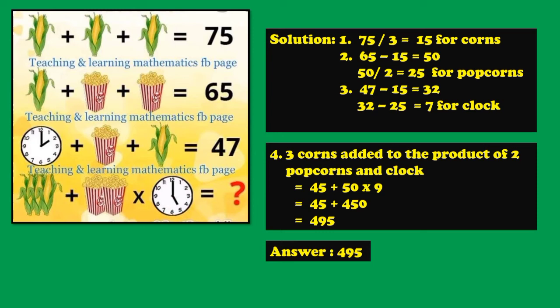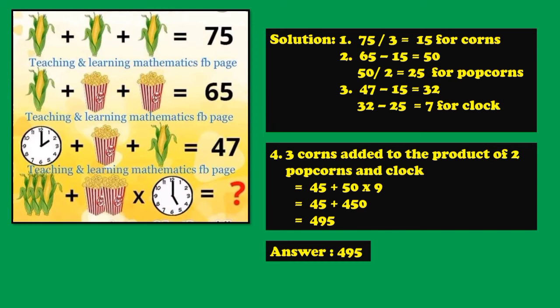Then the 50 is divided by 2 because we have 2 popcorns, so every popcorn is equivalent to 25. And then the next part is 47 minus 15 because the 15 there is a corn, so it has an equivalent value of 32. Then the 32 subtracted by 25 because we also have a popcorn, which is 7. So the 7 now is the value of a clock.